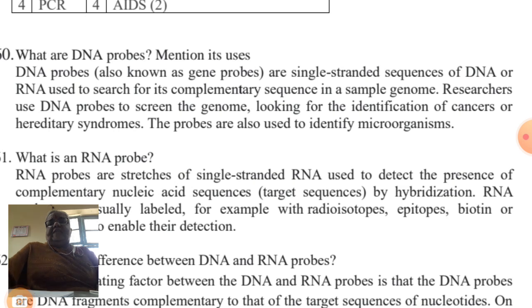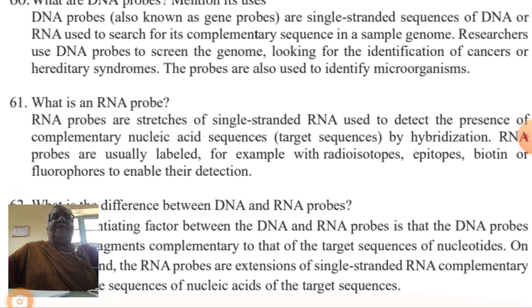These probes find use in the Southern blotting technique. One more technique in biotechnology that we use is the nucleic acid hybridization technique. They are also used in DNA profiling and DNA fingerprinting. So these are all the applications of DNA probes.